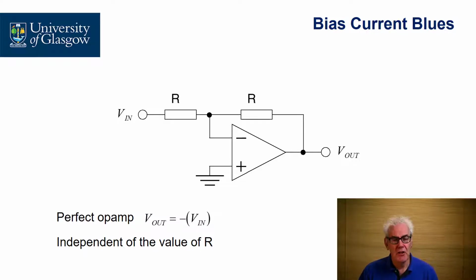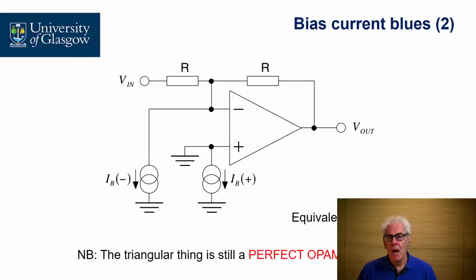Let's take a generic value R for both the feedback resistors. And let's apply our input bias currents. We have an input bias current IB minus flowing from the inverting terminal and an input bias current IB plus flowing from the non-inverting input terminal.